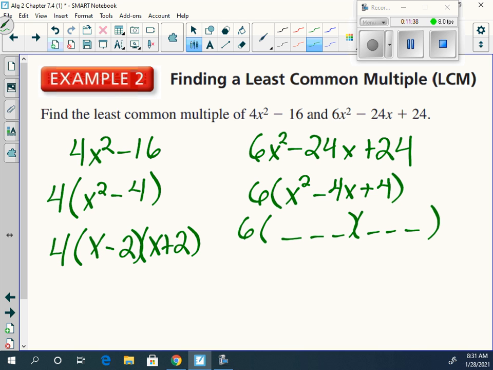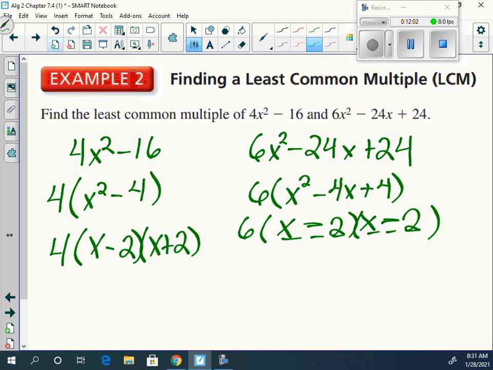Now, because the 4 is positive, the signs are the same, and they match the sign of the middle term, and our middle term is negative. So both of these would be negative. Factors of x squared are x and x, and what would our factors of 4 be? 2 and 2. And these work out to be the factors of these here.